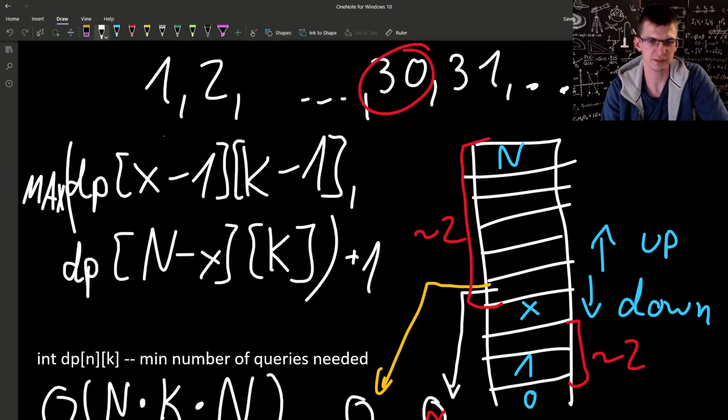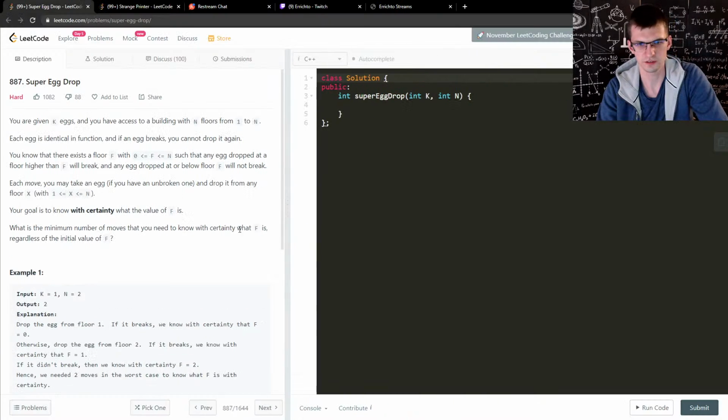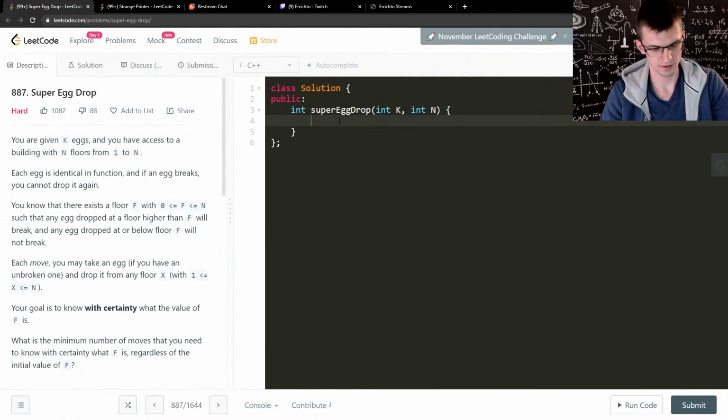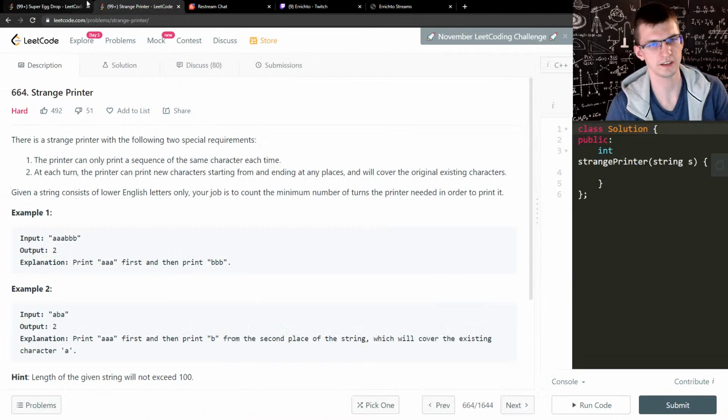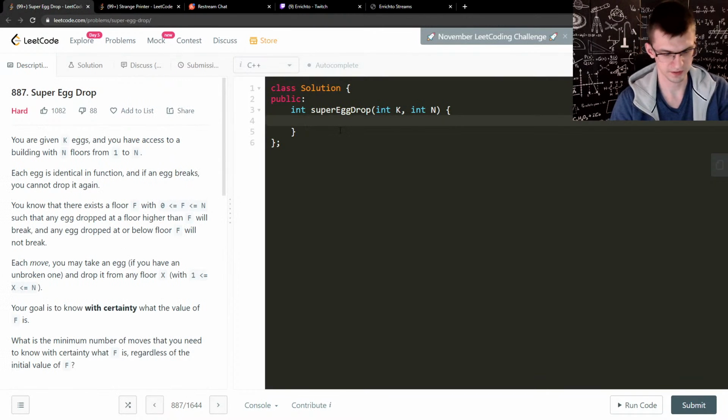Or even like in drawings it isn't that obvious, so let's do some pseudocode. I will not write the full code. In particular, let's say I don't want to here care about +-1, I just want to move to the strange printer problem, because it's interesting. But it's something like this, with iterative dp.